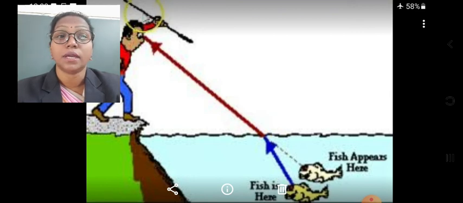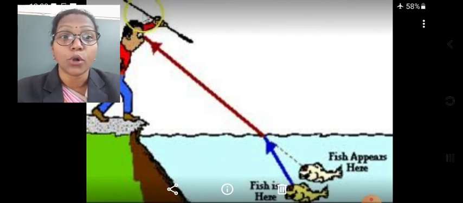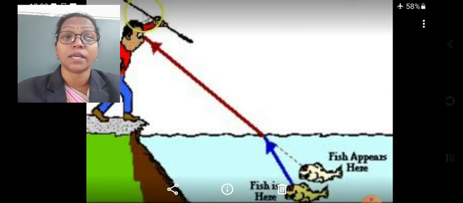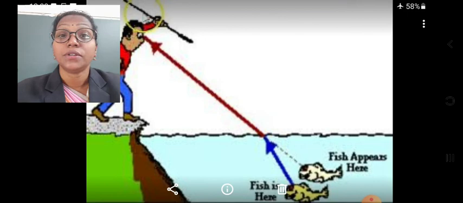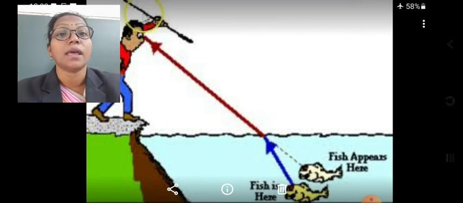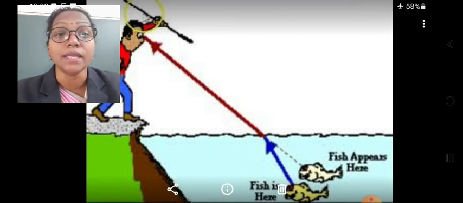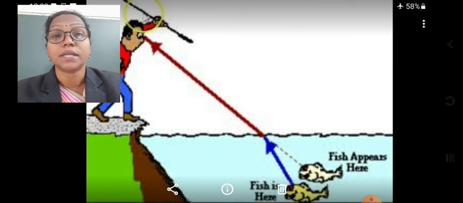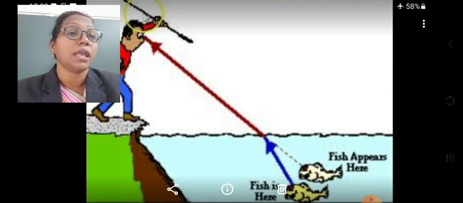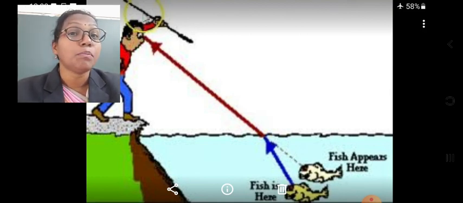Due to refraction, the light rays traveling from the body of the fish through water bend and travel through the air and reach the person's eyes, and the person sees the fish in an imaginary place.